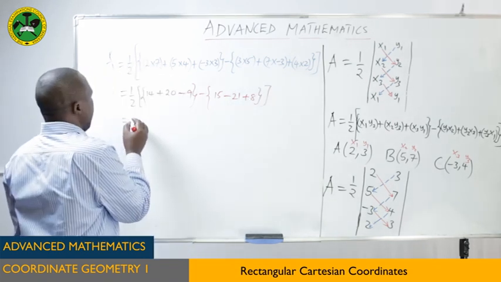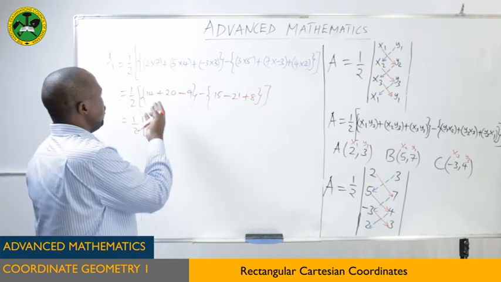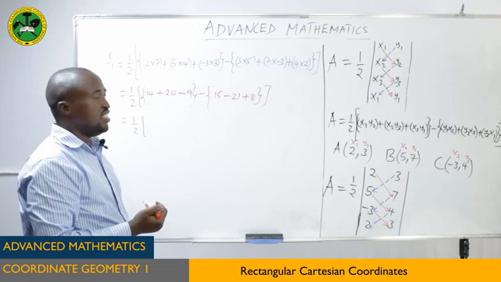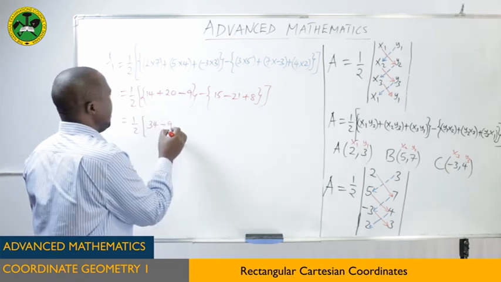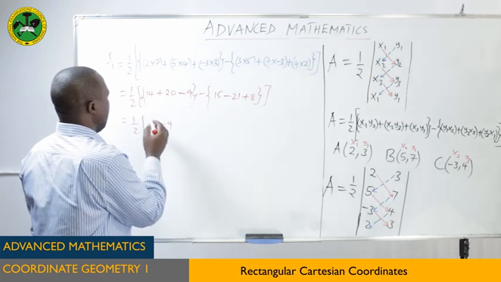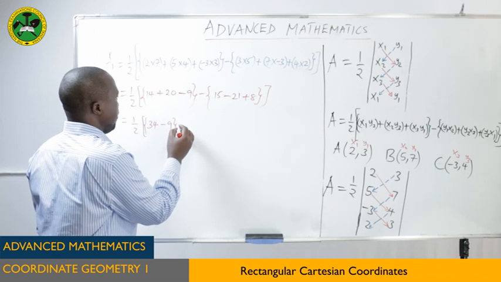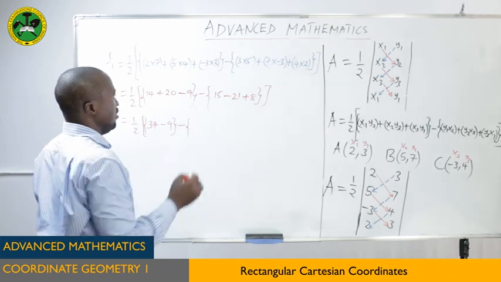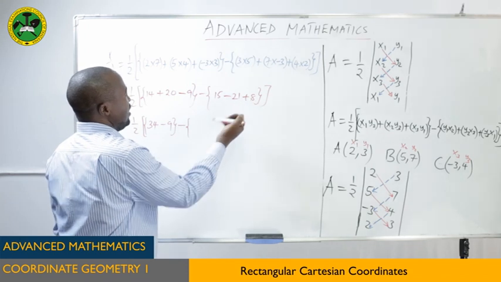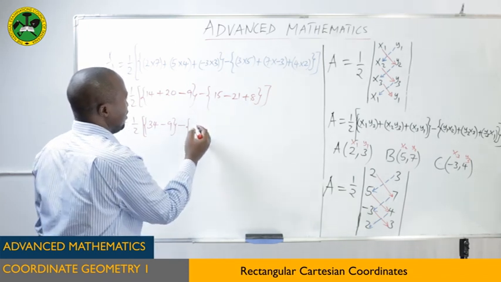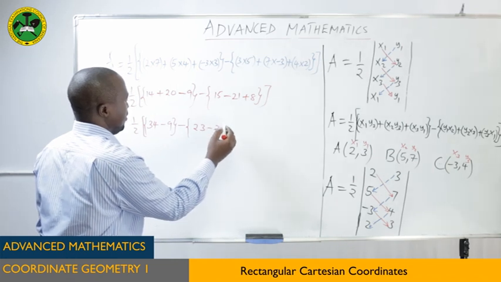So here we have a half, bracket of, here we have 14 plus 20, that is 34, minus 9. So this one minus, then we have 15 plus 8, that is 23, minus 21.